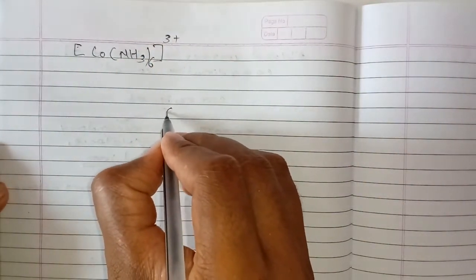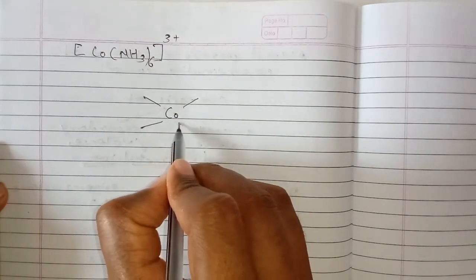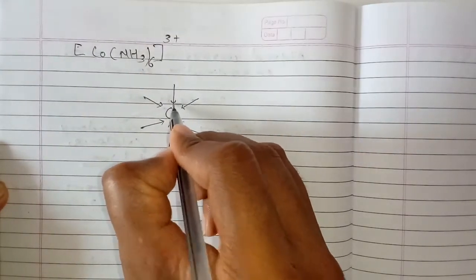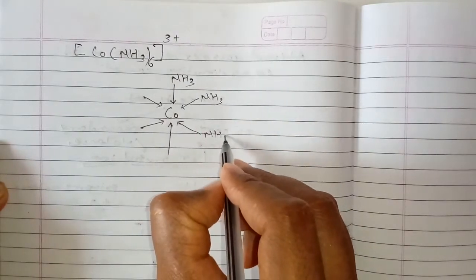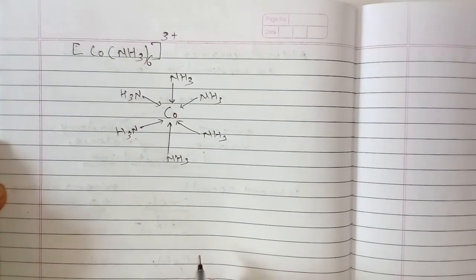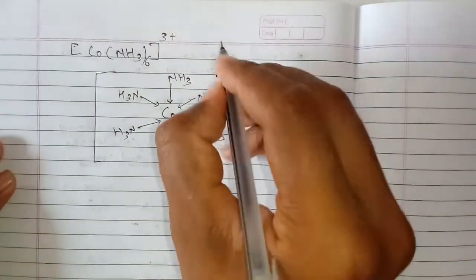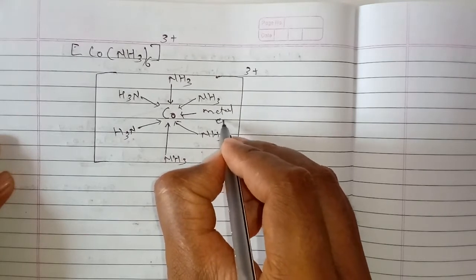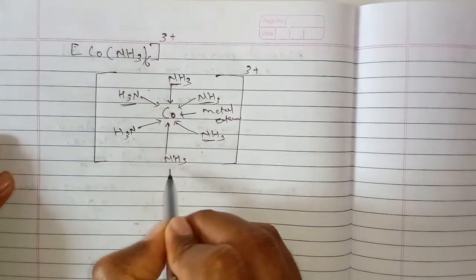Here the cobalt is the central metal atom, bonded with 6 molecules of ammonia.